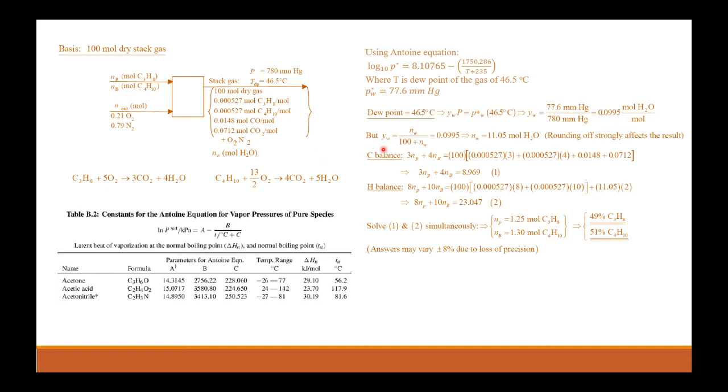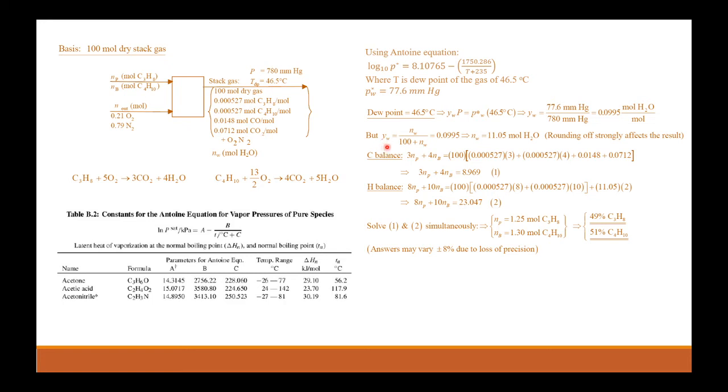But the composition of the gas over here is in dry basis. Therefore, when we look for the number of moles of water, you have to take into consideration that the mole fraction of water is in wet basis.